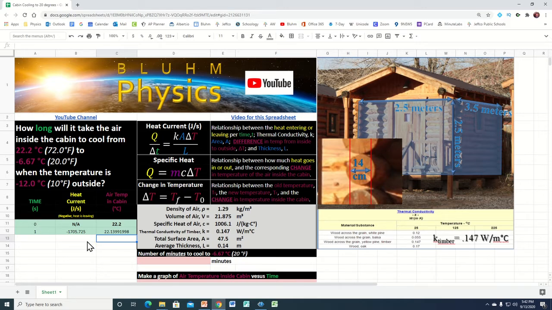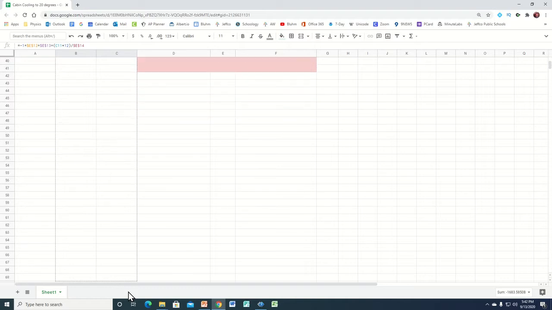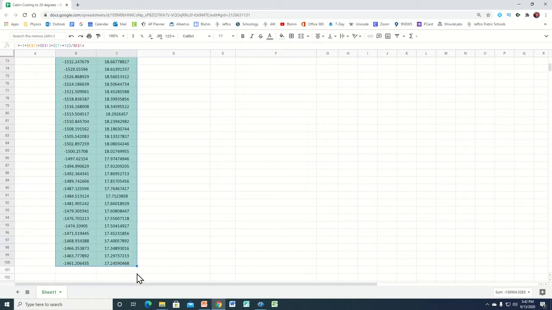Okay. Now, that was a lot of calculations, but what we're going to do is copy that all the way down. This number refers to these over here, and that number. This number refers to those, and this number, and that number. But if I just select both of those numbers and copy it down, I've just copied it down, say, 100 times.